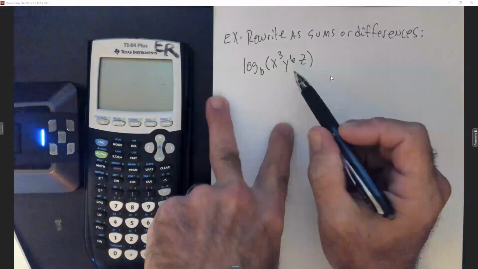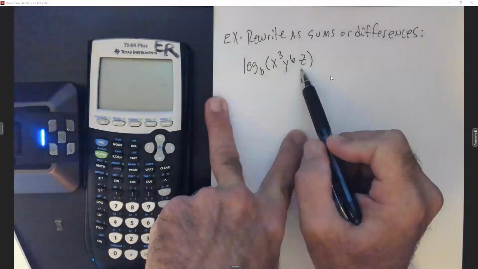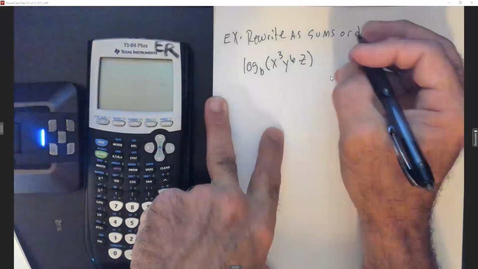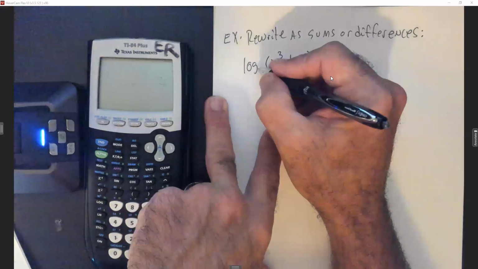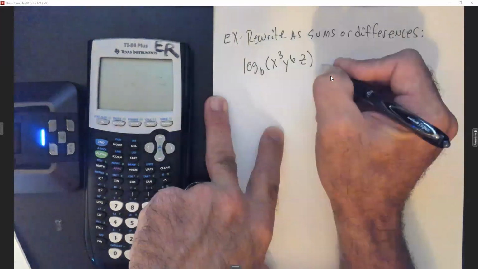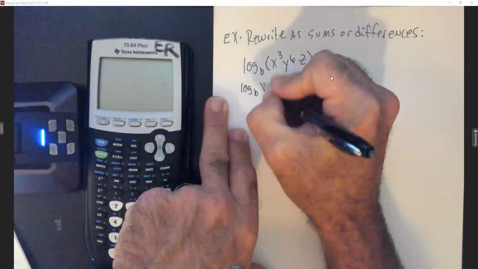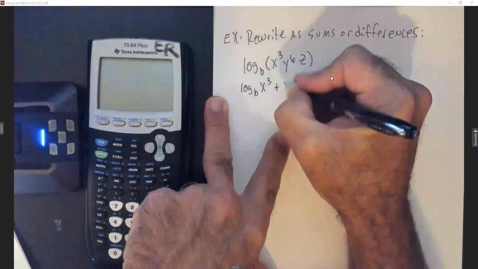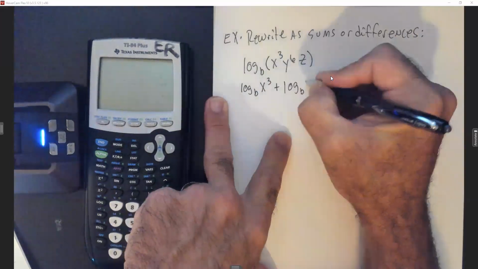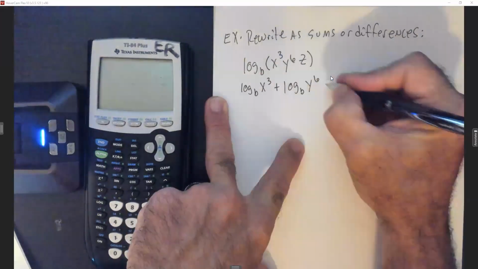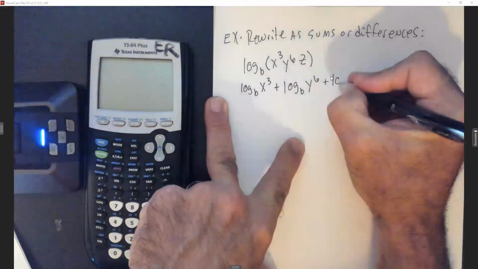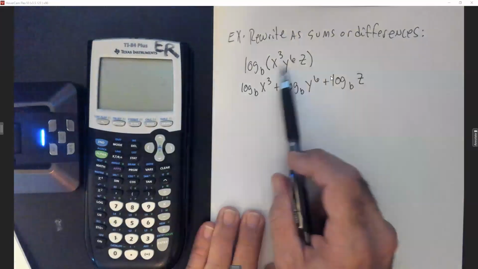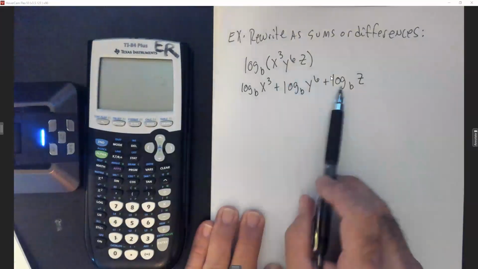So these are being multiplied, so we know when we rewrite this, it's going to be sums. All right? So I distribute the log b to everybody, so I get a log base b of x to the 3rd plus log base b of y to the 6th plus log base b of z. So you take all the factors. So since you had 3 factors in here, you had to have 3 logs down here.